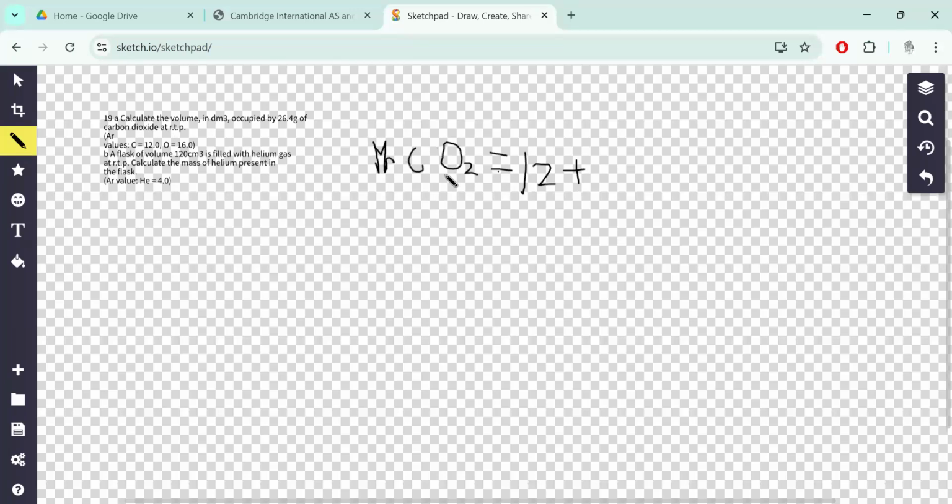But as we can see, carbon dioxide contains two oxygen atoms, so we have to multiply that by 2. So that would be 2 times 16.